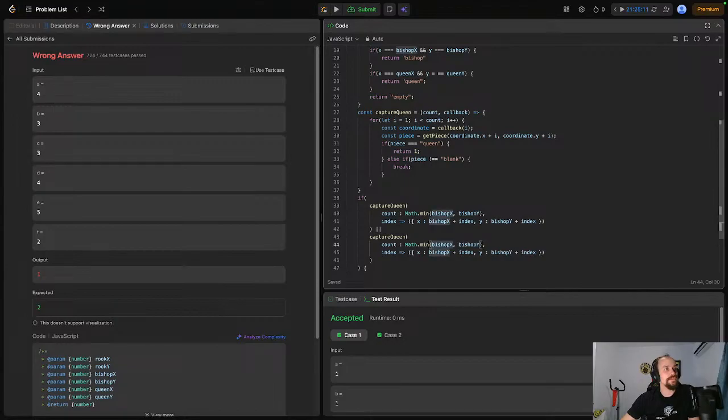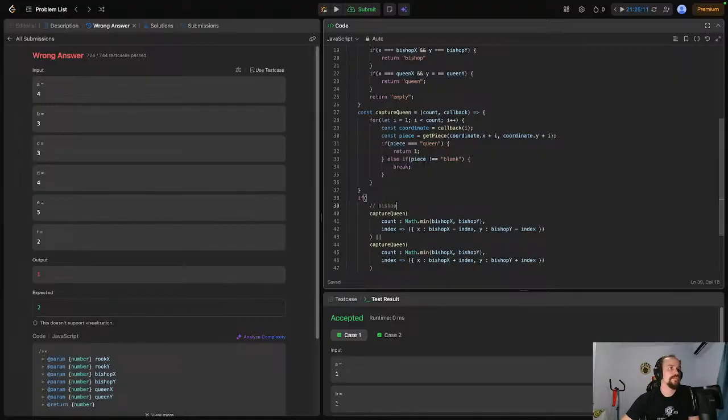So we're trying to figure out how, sorry, these should be minus and minus. So this is a bishop go up left.